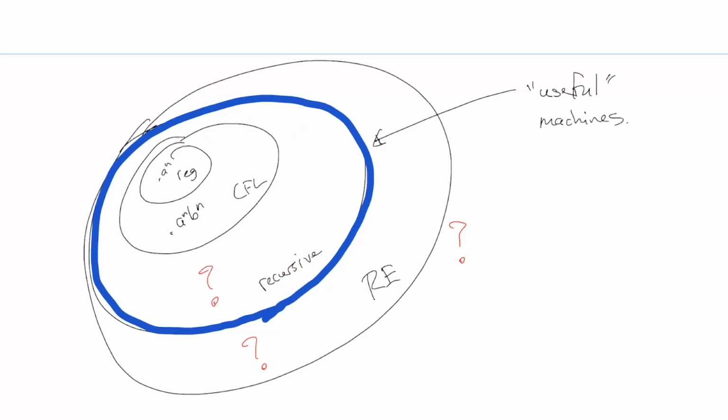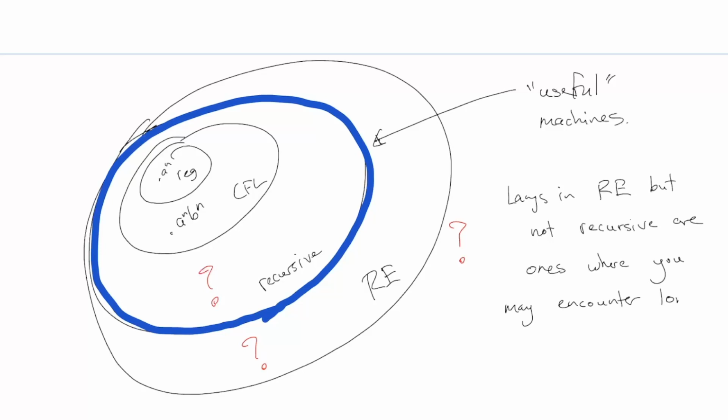And the reason is, languages in RE but not recursive are ones where you may encounter long computing times. The usage of a Turing machine typically is, I show you a string and the machine tells you if it's accepted or not.